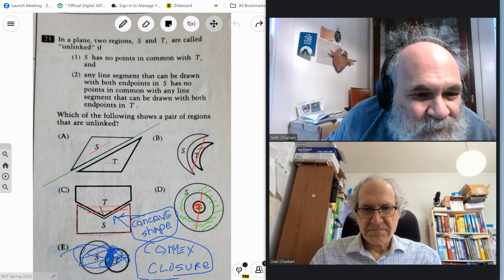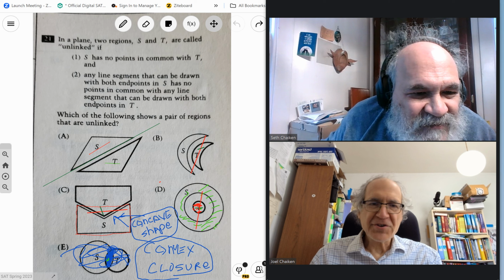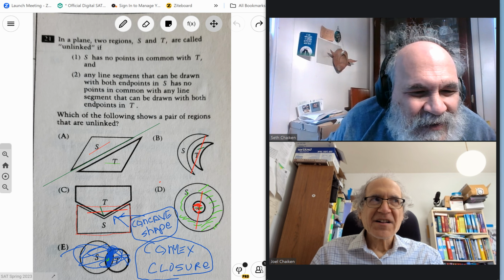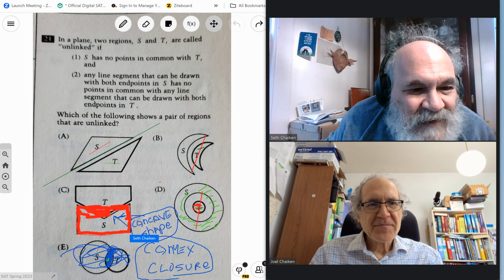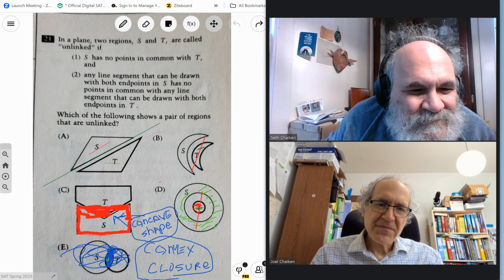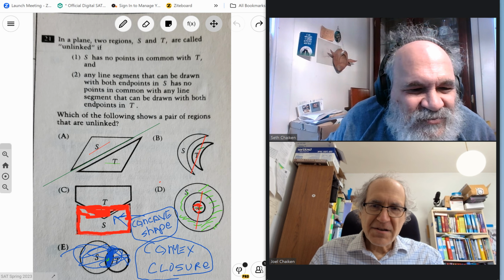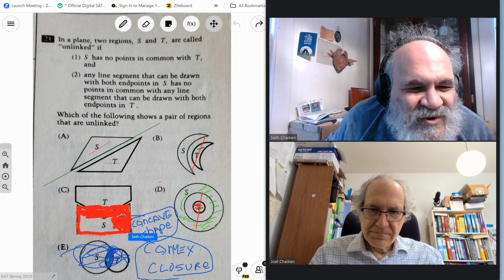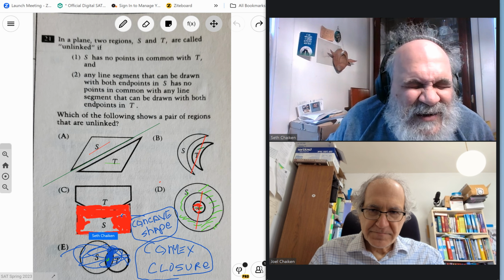This whole region. So you learn about this closure. You probably learn about this in a college geometry class. Okay. So this red region is the convex closure of S. And it intersects T.